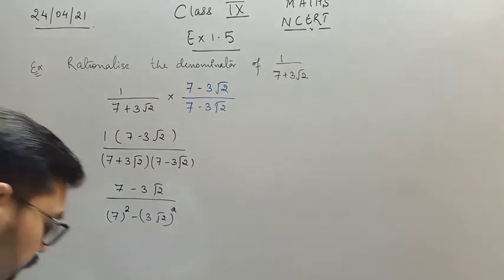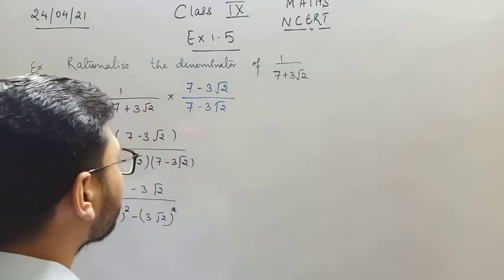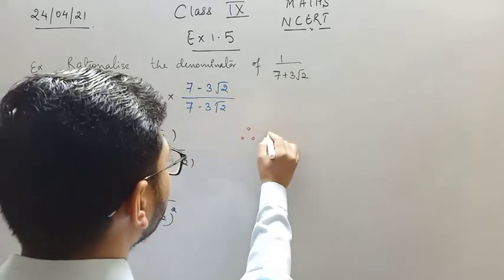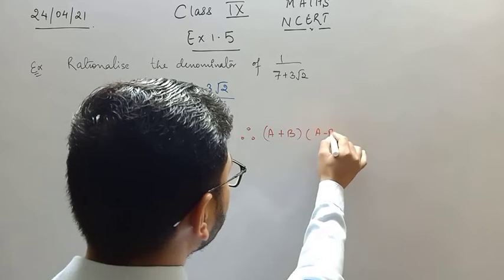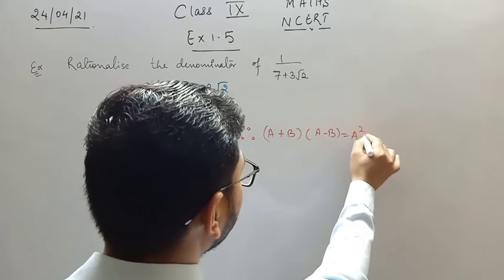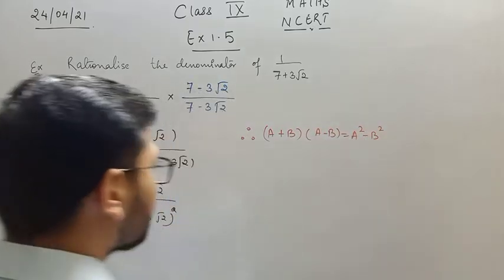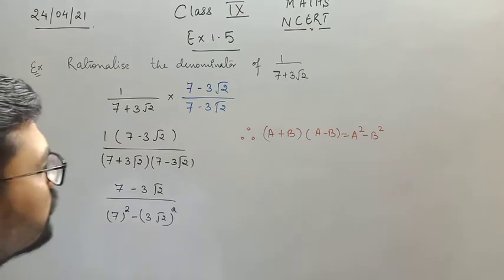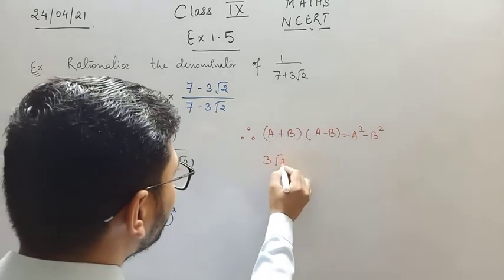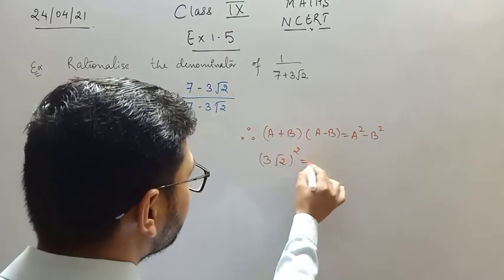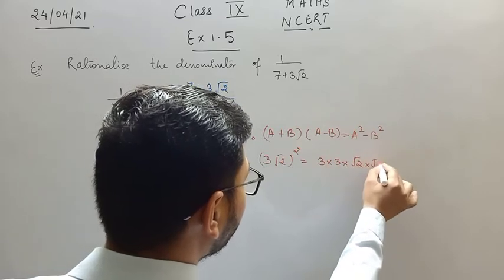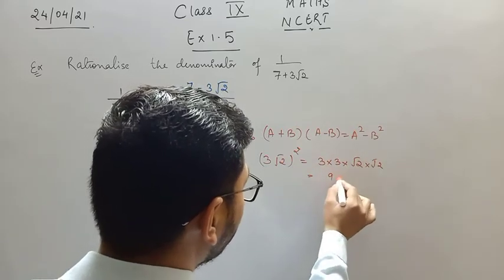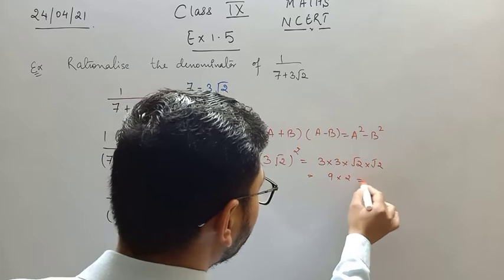The identity I have used here is a plus b and a minus b is equal to a square minus b square, and 3 root 2 square can be written as 3 into 3 into root 2 into root 2. So 3 3s are 9. Root 2 into root 2 equals 2. 9 2s are 18.